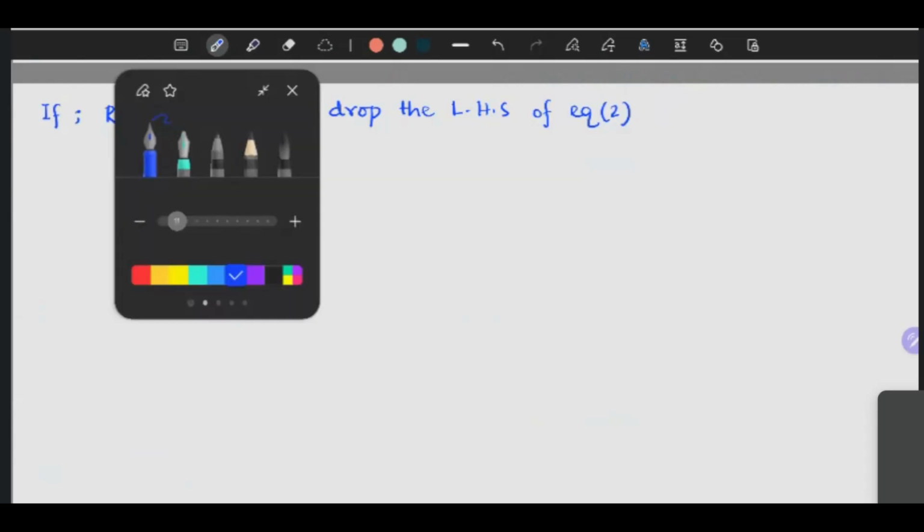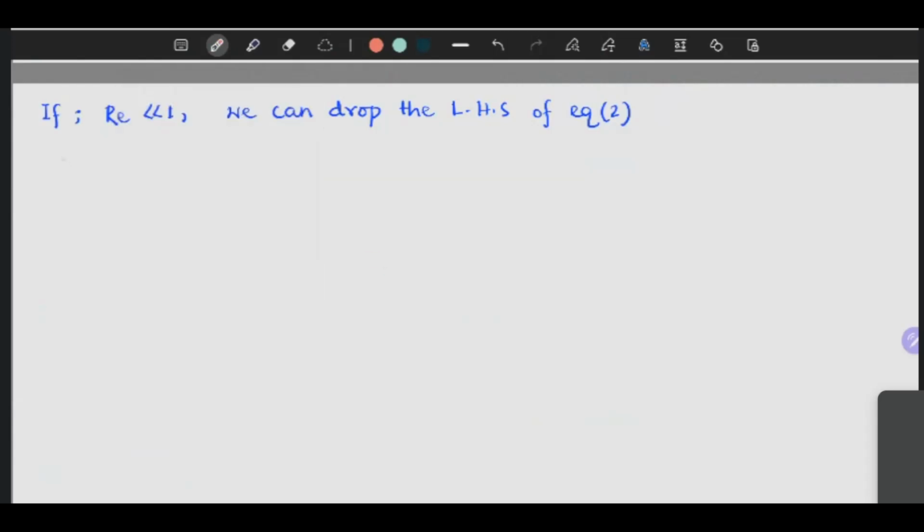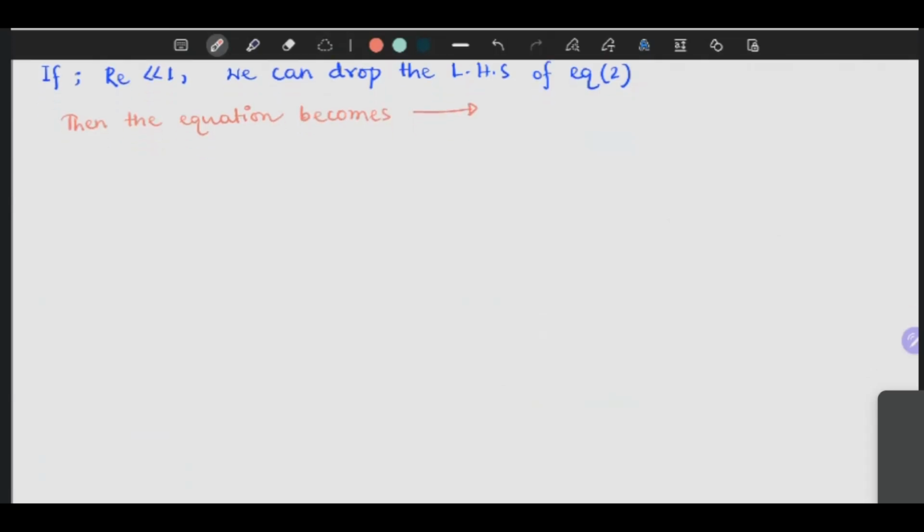If you drop that, then the equation becomes minus grad P plus eta nabla squared V is equal to 0.